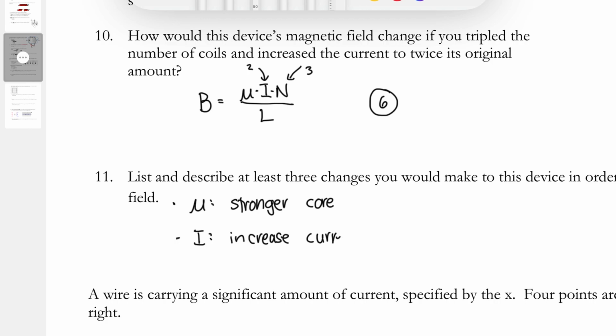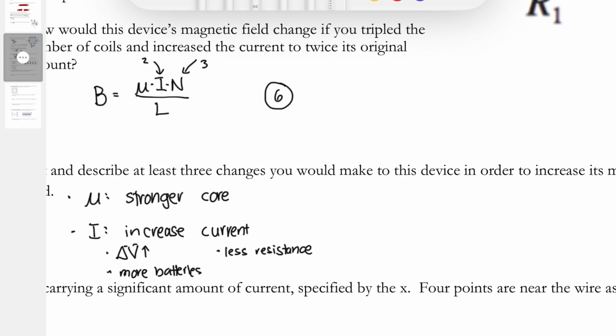You could just say, I increase the current. But you could also alternatively say, increase the voltage of the batteries. You could say more batteries. You could say less resistance. And all of those things would increase current and thereby increase field.